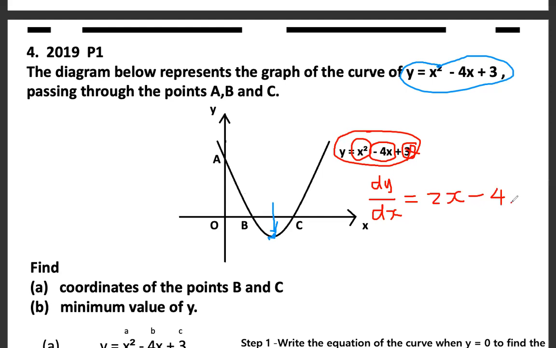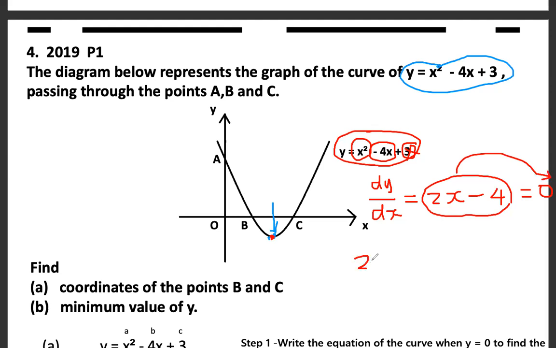And thereafter, this gradient function must be equated to 0, because only at the point where the graph is turning do we have a gradient of 0. When these two are equated, we can solve for the value of x.